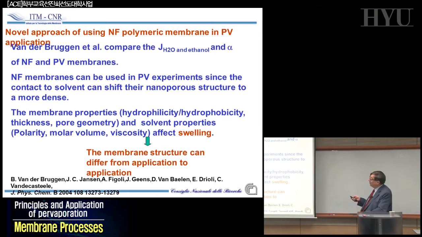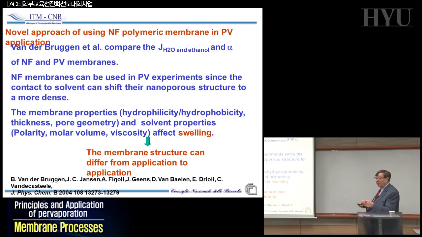Particularly Bart van der Bruggen at Leuven University is trying to extrapolate, simulate and do some modeling of how you can transform nanofiltration membranes into pervaporation membranes, taking the opportunity of the swelling, because nanofiltration can be too porous, too permeable if you want to use it in pervaporation.